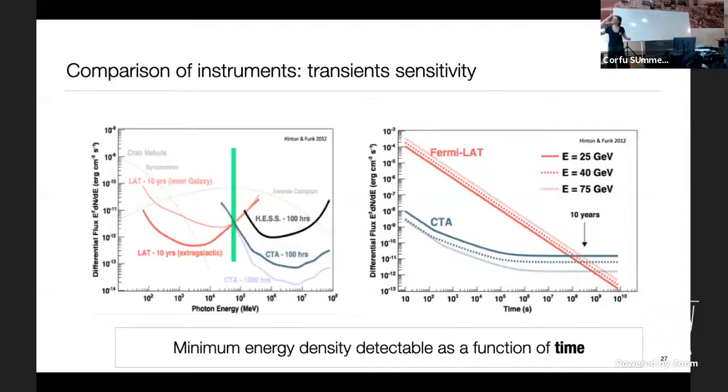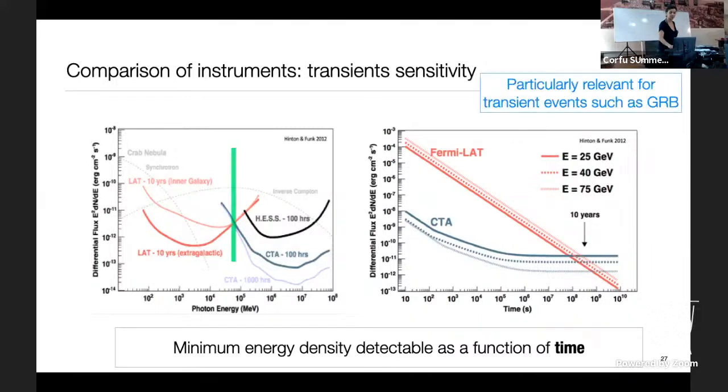But then if we consider the time evolution of this sensitivity, you will have a complementary view on what is doable with an instrument when you look at a point source. The sensitivity for a 1 hour observation, for example, from a satellite is very poor, because it needs to collect data for 1 year to reach the good sensitivity. Instead, the ground-based experiments are more performing as a function of time for short transients.